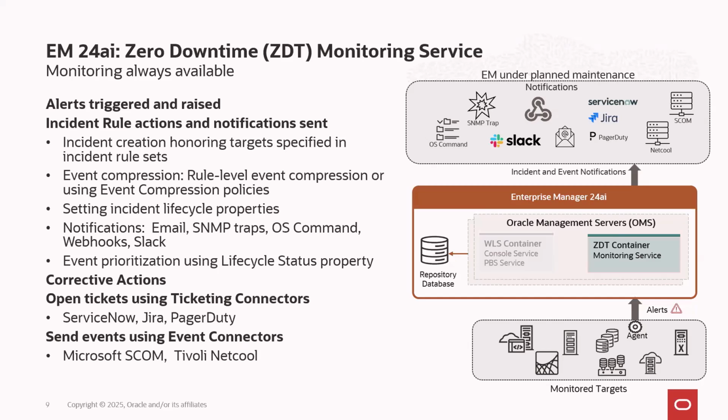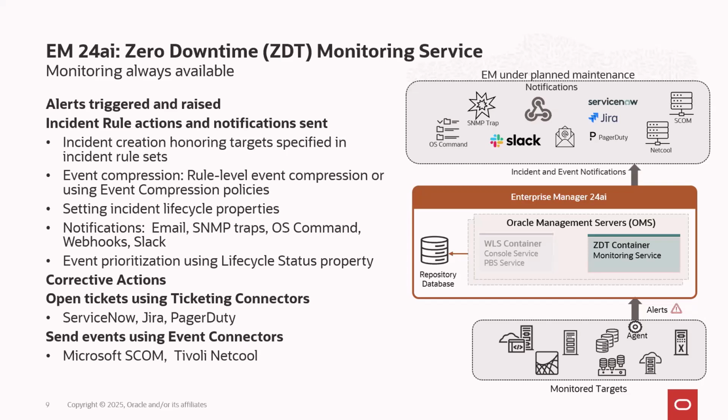All of these will continue to be honored. If you set incident lifecycle properties, perhaps you set the owner of the incident, or the resolution status, or set the escalation flag, et cetera, those will continue to be honored, as well as sending of all of the notifications using the different methods: email, SNMP traps, OS command, webhooks, and Slack.